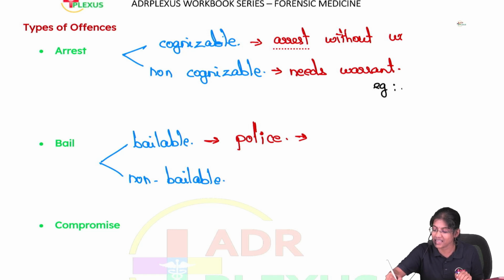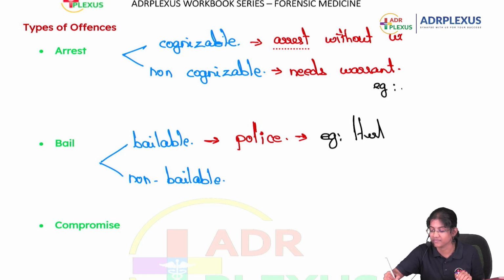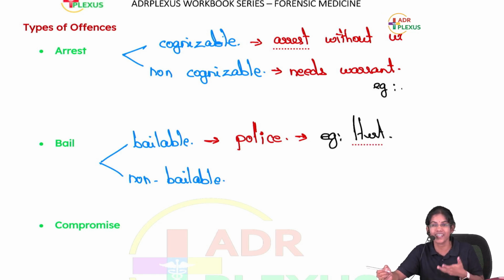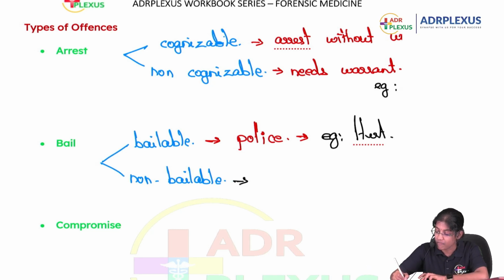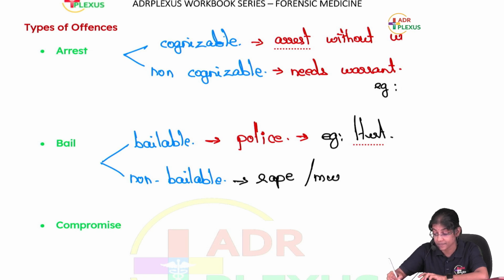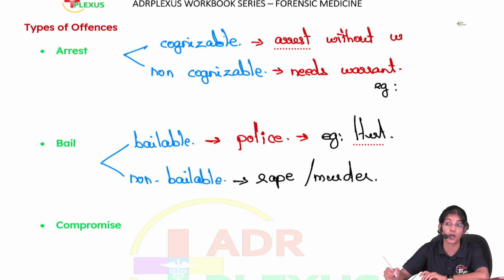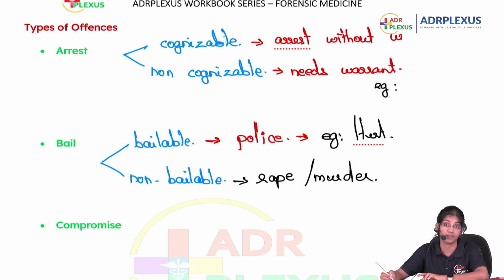Again, an example would be a simple hurt. It's a simple thing, easily given bail. Not much is involved in that. Next, for a rape or a murder, the police cannot give the bail just like that. They have to go to the magistrate. The magistrate has to decide based on the weightage of the case.